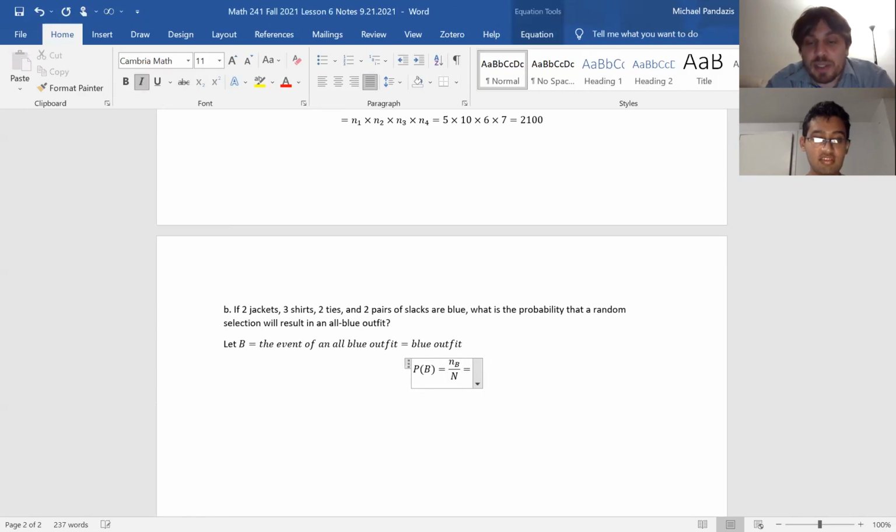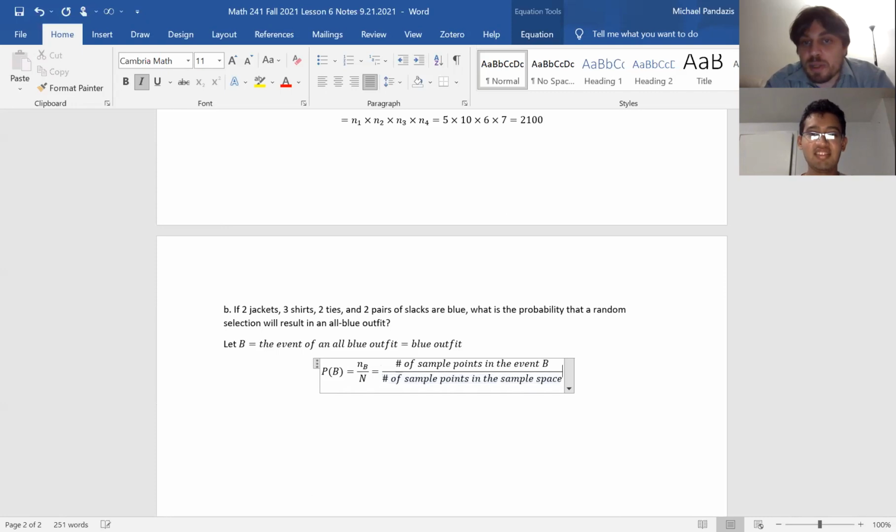Okay, I'm going to write extra things here to help you follow this. So N sub B is the number of sample points in the event B, right? This is what it always is. And capital N is the number of sample points in the sample space for this experiment, right?